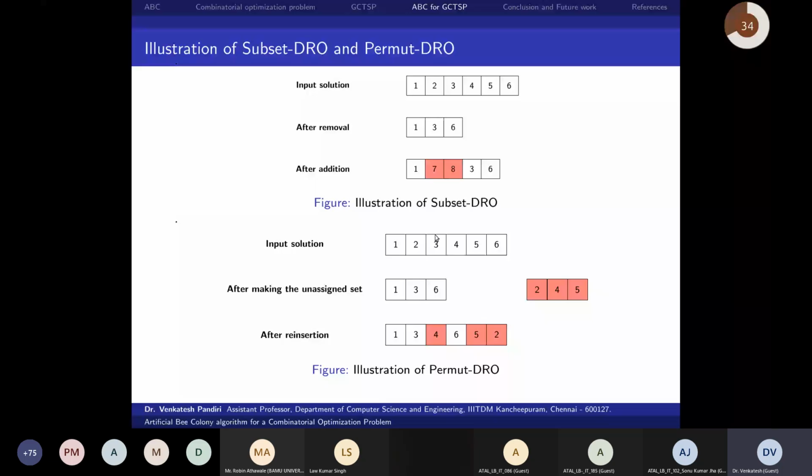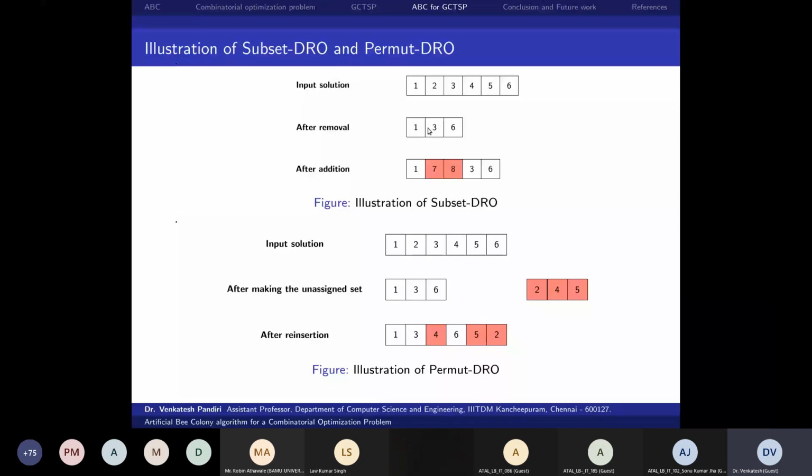For example, there is an initial solution like this. The top one is the example for subset DRO, showing how the neighboring solution is actually generated. So 1, 2, 3, 4, 5, 6 is an initial solution, and after destroying some of the facilities, it becomes 1, 3, 6.